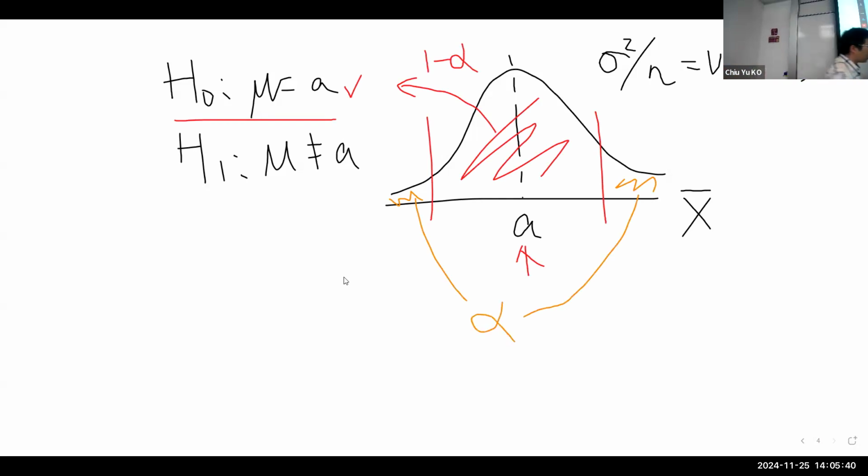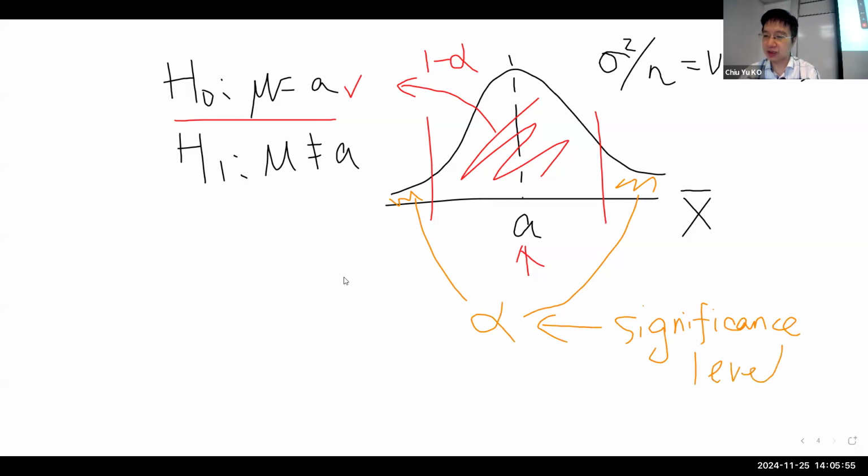This alpha is called the significance level, or level of significance. That's what we have been doing.